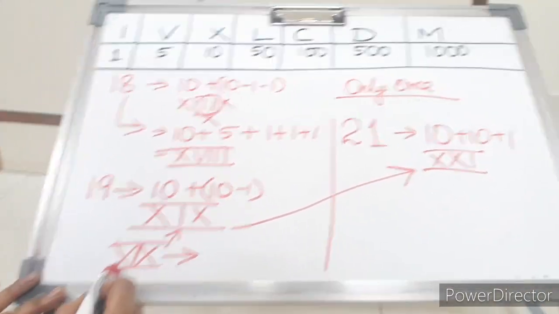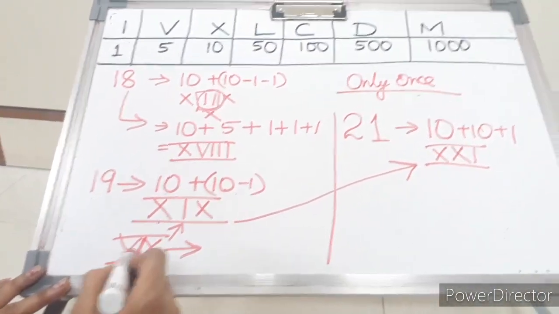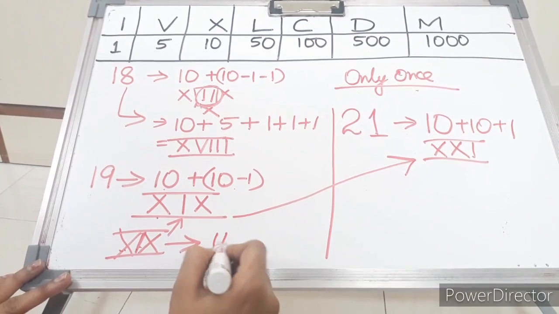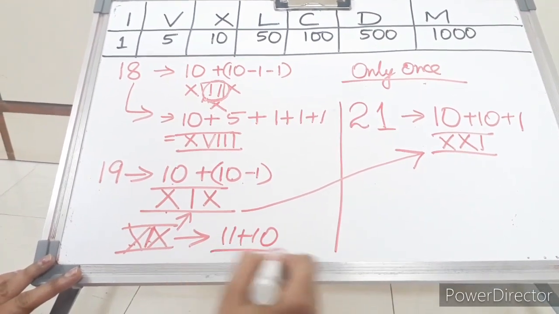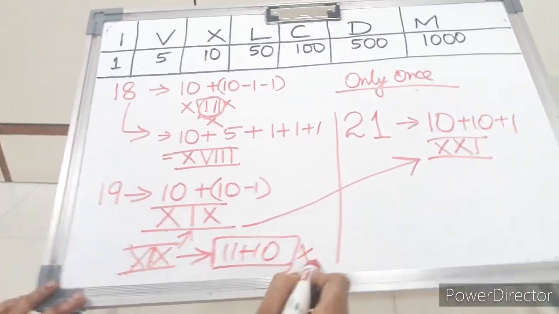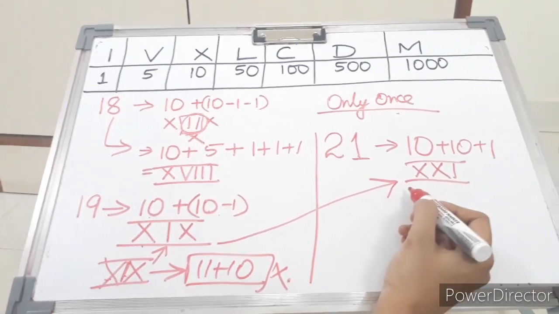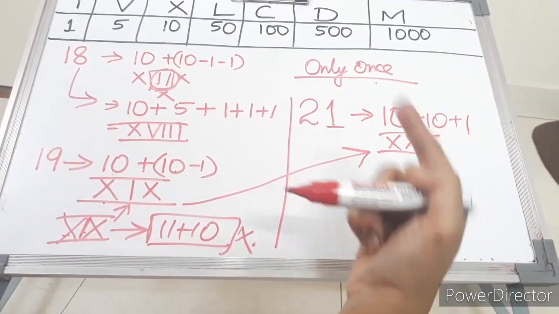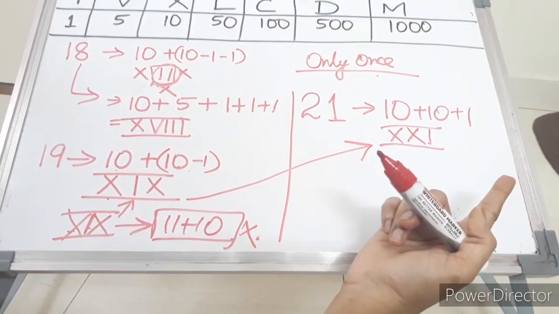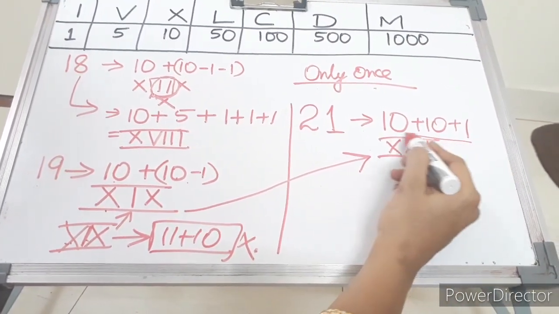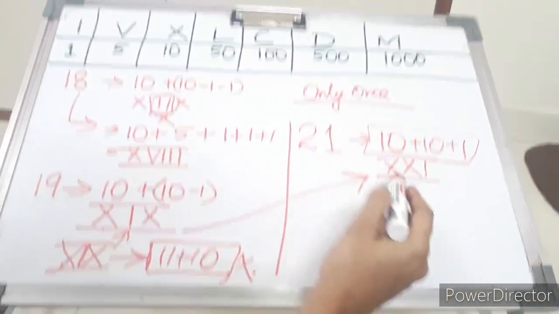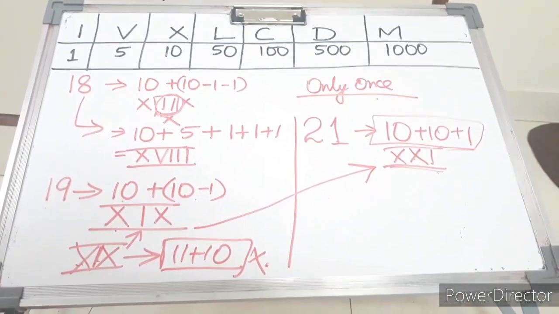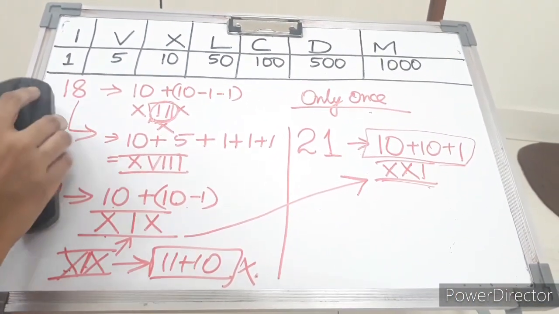Many of the kids say this is 10 plus 1, it is 11 plus 10. No, this is wrong. The correct way is 21 is 10 plus 10, and the smaller value comes to the right of the greater value. That's why this is the correct way. This is the symbol for 21.